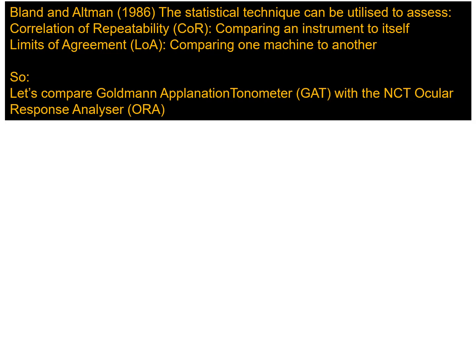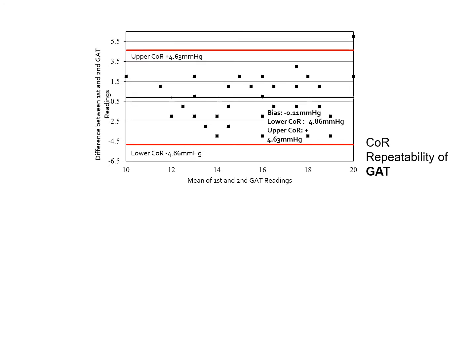So let's compare, for this exercise, GAT with a particular NCT, the ocular response analyzer. So when we repeat GAT, we get a spread. We get a bias of minus 0.11. That's kind of insignificant anyway, isn't it? It agrees with itself.